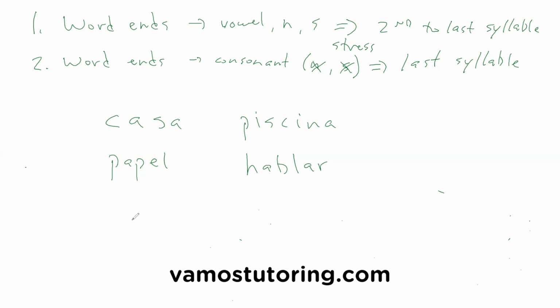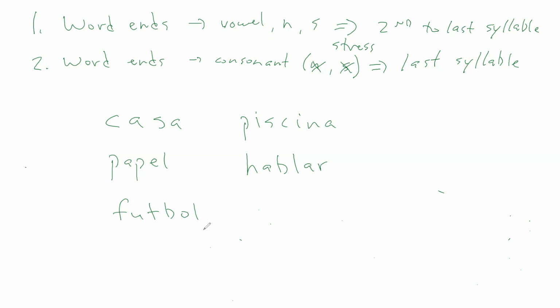So let's look at a few other words. A common one here: this word means soccer in Spanish, and it has two syllables. It ends with a consonant, so according to the rule, it should be stressed on the last syllable.